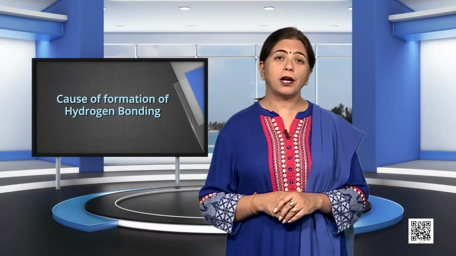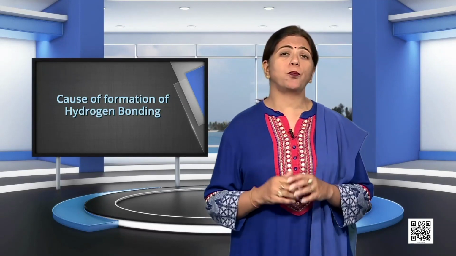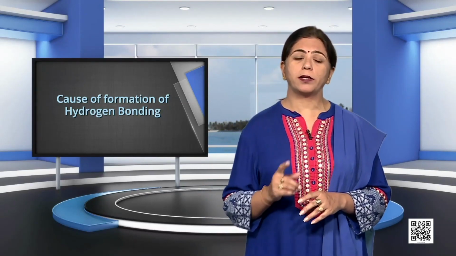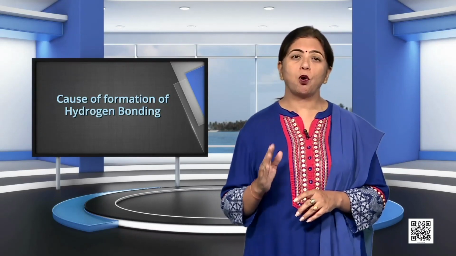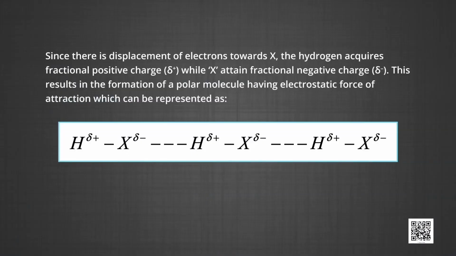As a result, the hydrogen atom becomes highly electropositive with respect to the other atom X, which can be F, O or N. Since there is a displacement of electrons towards X, the hydrogen acquires a fractional positive charge, that is delta plus, while X attains a fractional negative charge, that is delta negative. This results in the formation of a polar molecule having an electrostatic force of attraction, which can be represented as the dotted line between the two molecules.